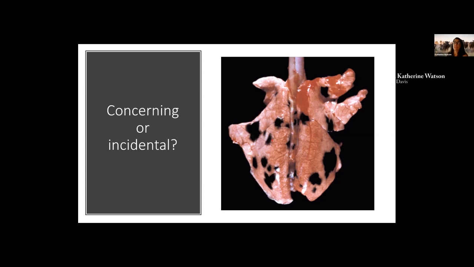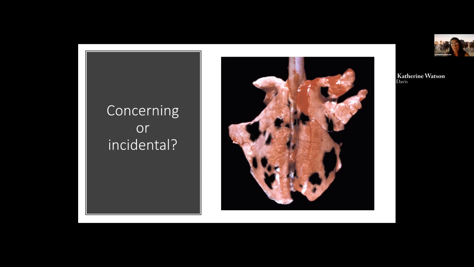But this is actually a normal finding in the lungs of multiple species that have black faces. So for instance, you can find it in Holstein cattle. You can also find it in black-faced sheep. And so there's a number of different animals that have that black face that can have black spots from, sorry, not melanoma, but from melanocytes within the lung, and it's totally normal and incidental.